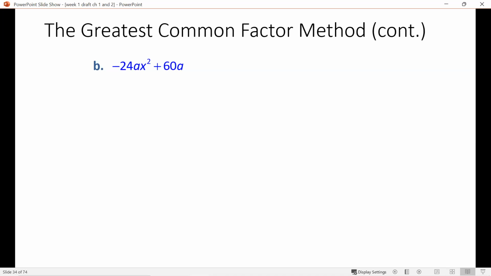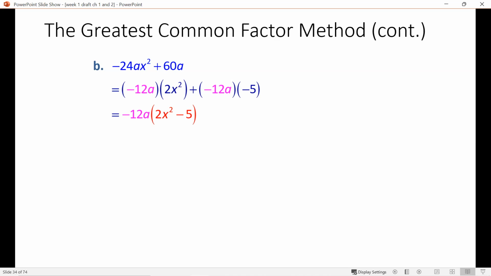Let's do our second example. -24ax squared plus 60a. You can see that our common factor is going to be that -12a. Now you can decide, do you want it to be a -12a that you pull out or a +12a that you pull out? It is up to you.